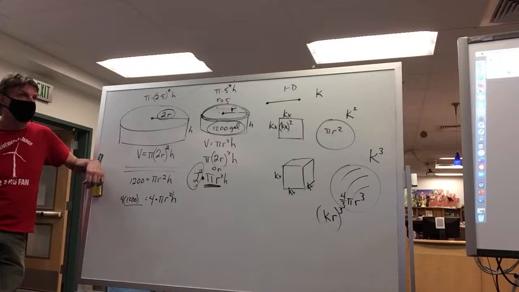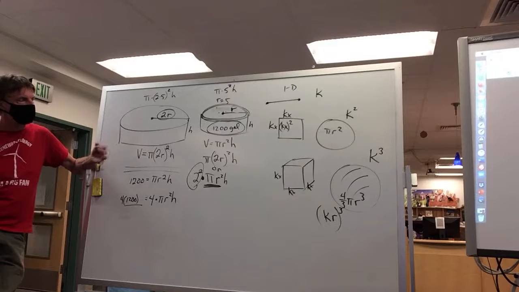There's a lot of proportional thinking that goes into this lesson, and identifying what we really change. Are we changing a length? Are we changing an area? Or are we changing a volume?